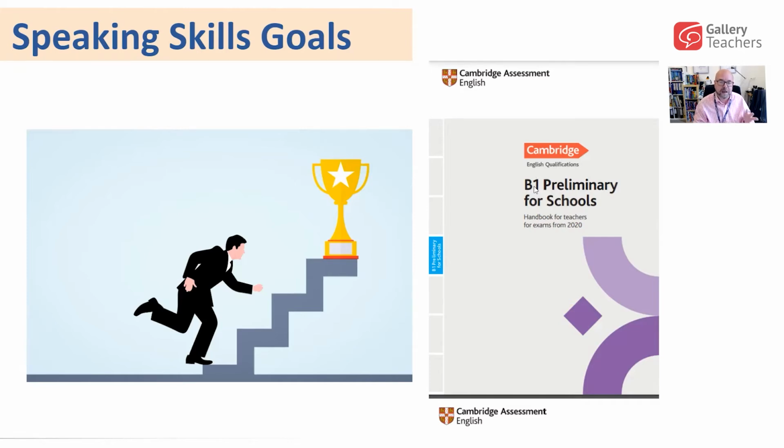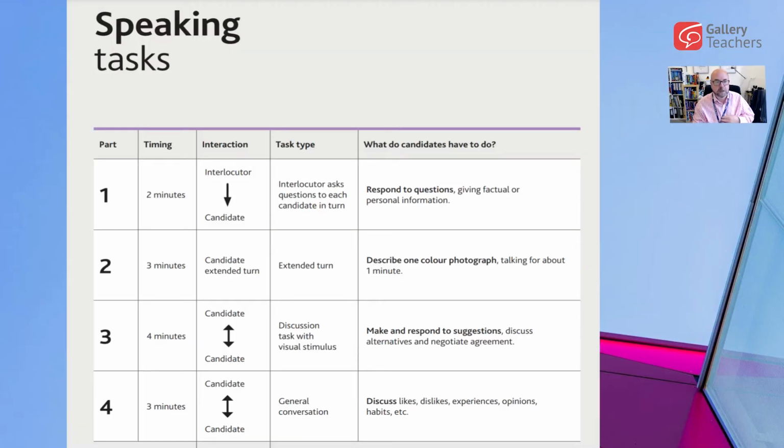And of course, this tests language, reading, listening, writing, and speaking. But what I think is very interesting is if we have a look at the speaking tasks that exist in this test, and they'll be very familiar to many of you.